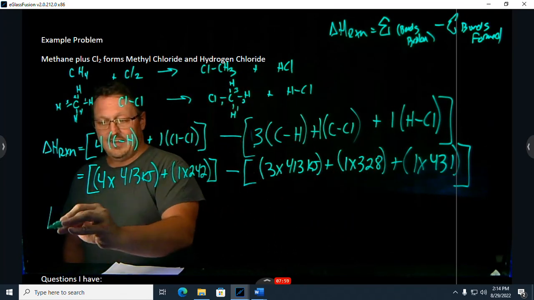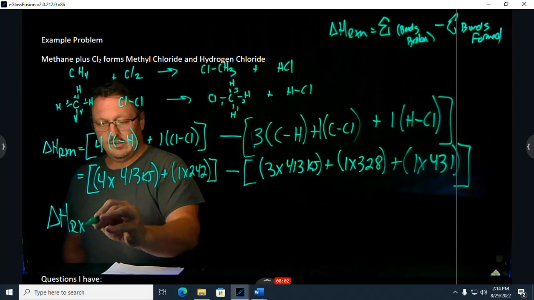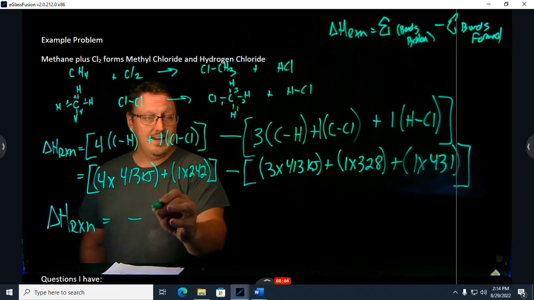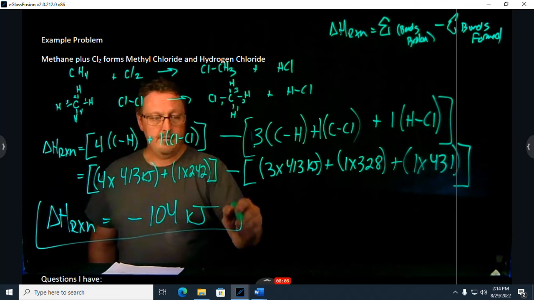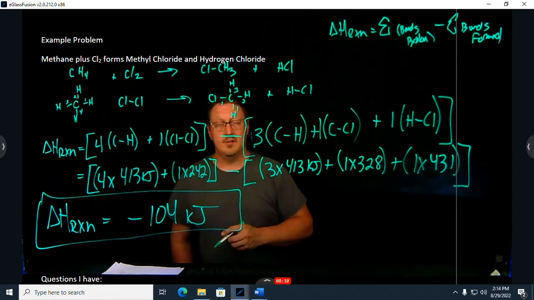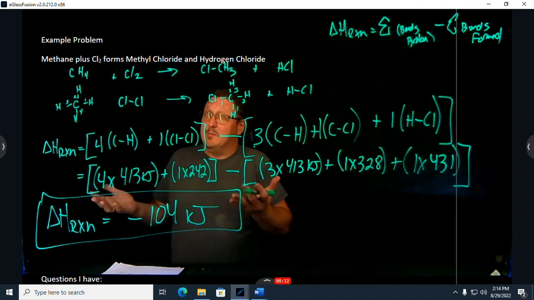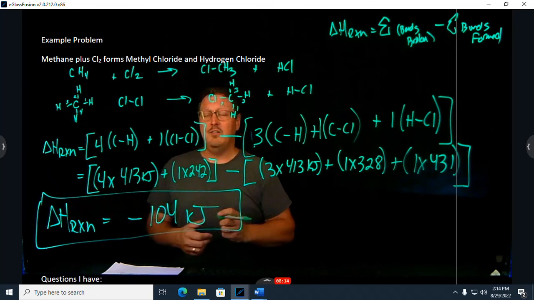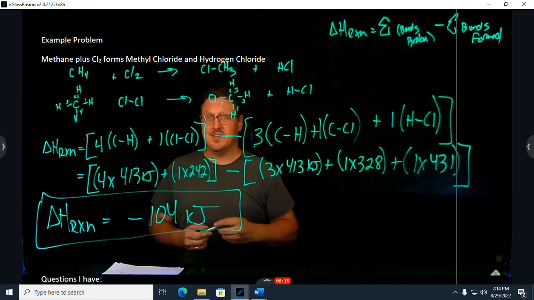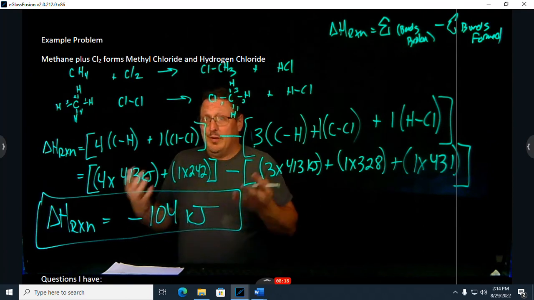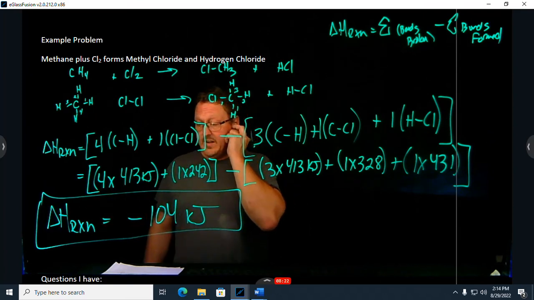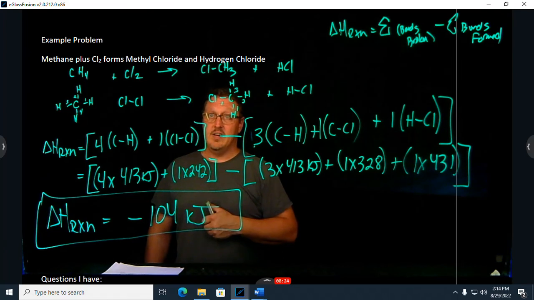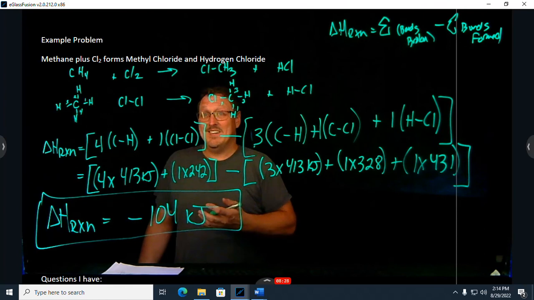So the delta H for this reaction is going to equal negative 104 kilojoules based on the bonds broken and the bonds formed. Now, this is an estimate. All of these delta H calculations are really just an estimate to figure out what we can do and what we can't do. But there they go. That's how you would use bond enthalpies to estimate the delta H of a chemical reaction. So that's it. See ya.